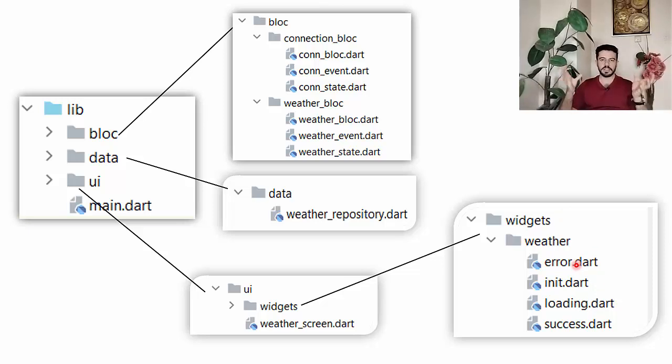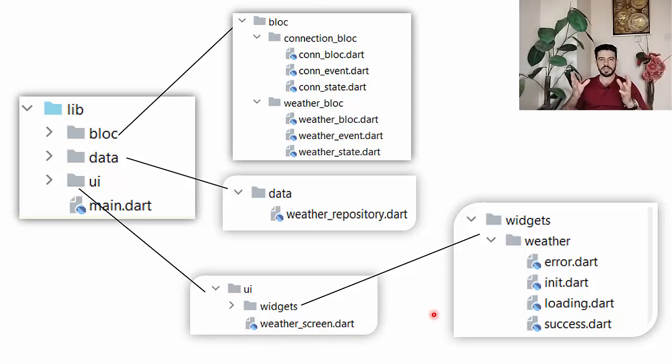Or maybe more complicated, depending on your application. Initial state gives me the initial widget, the first widget I can see. Loading is for the progress indicator, also made in a separate file. And success: if the API successfully returns the temperature, I need to create another widget here. All of them I will just call inside the screen.